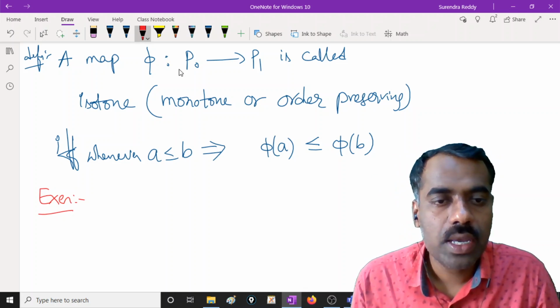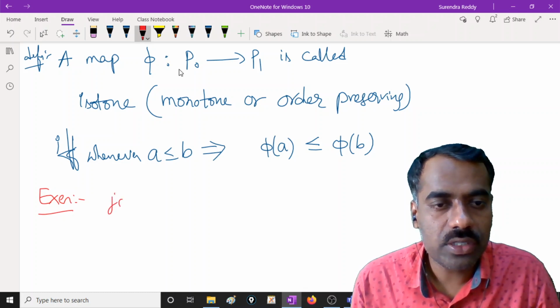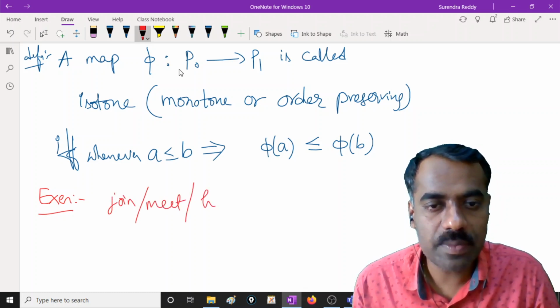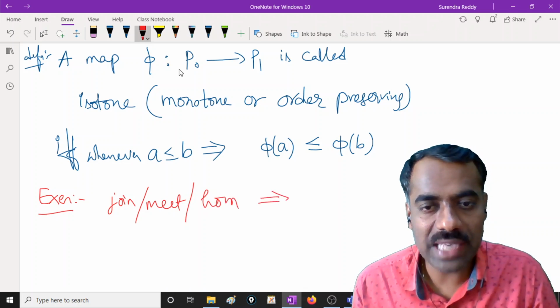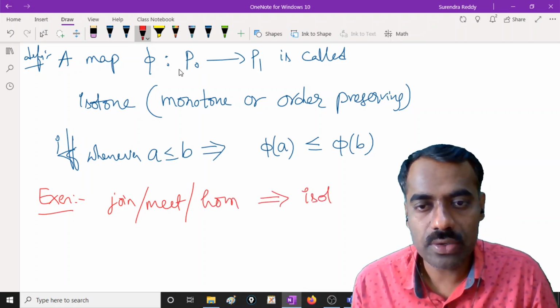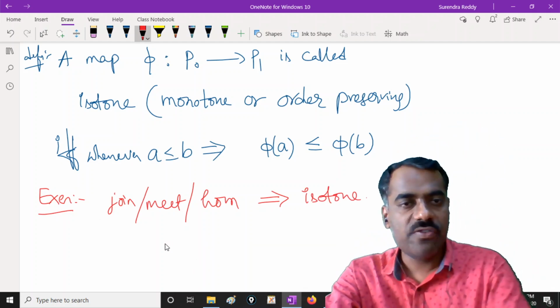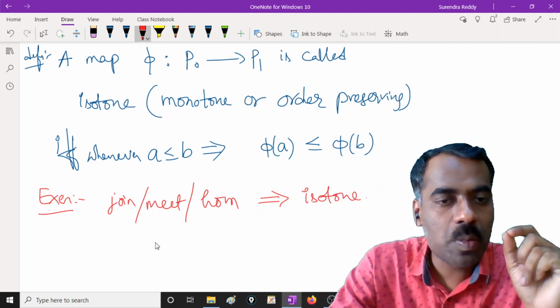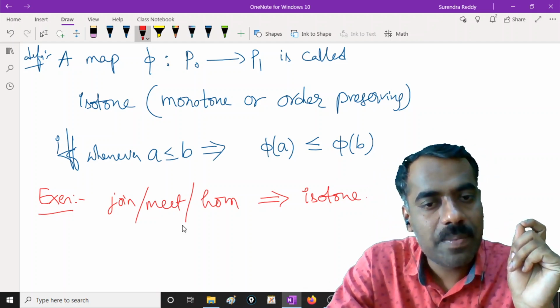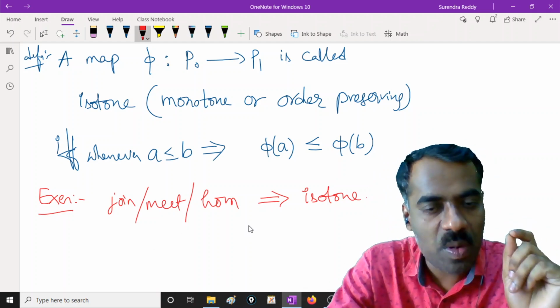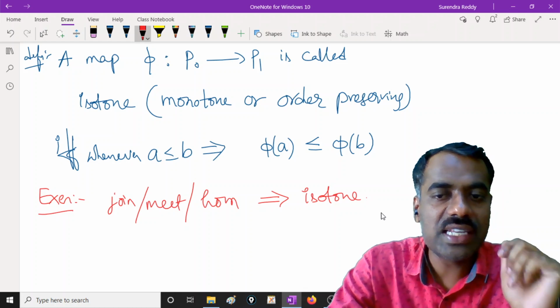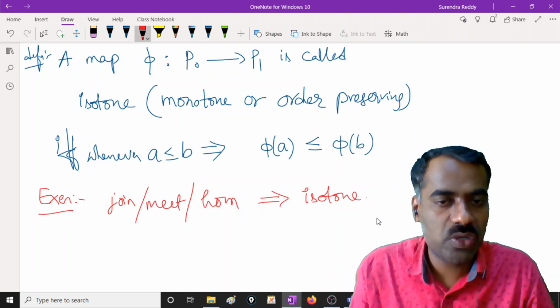That means a join homomorphism, a meet homomorphism, or simply a homomorphism implies it is isotone. Is the statement clear? If you take any map which is a join homomorphism, or a meet homomorphism, or a homomorphism, that means both, then it always implies isotone.